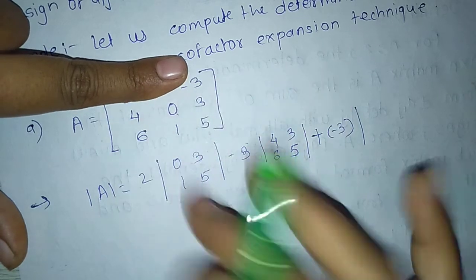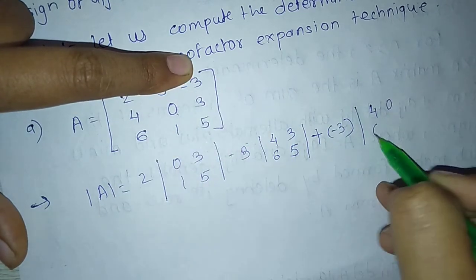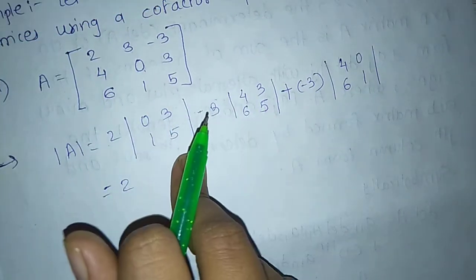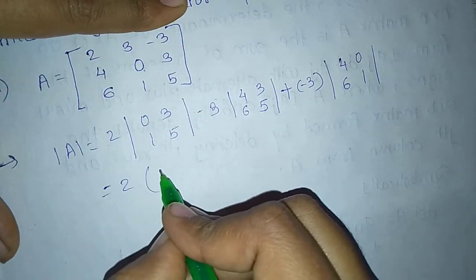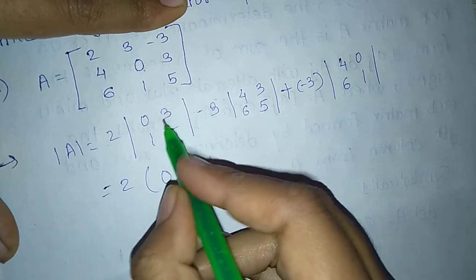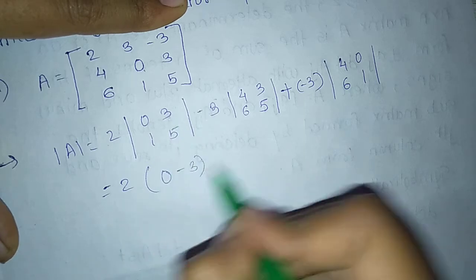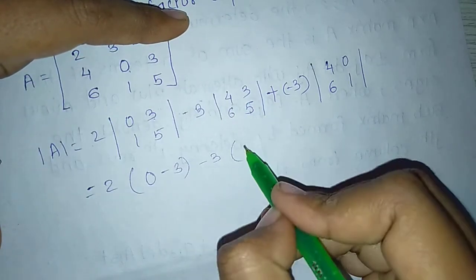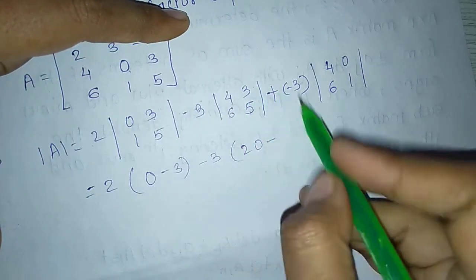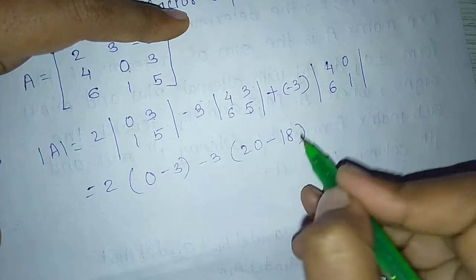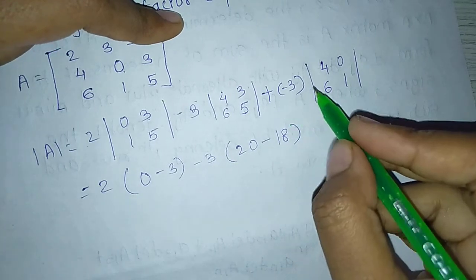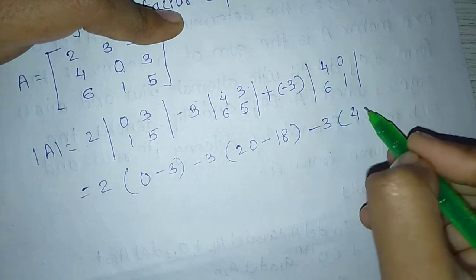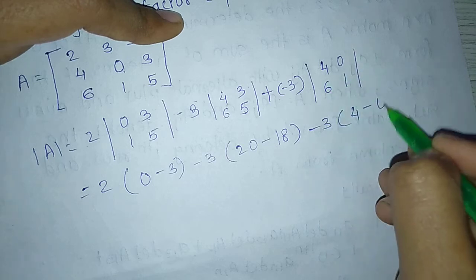Equal to 2 into determinant of this matrix is 0 into 5 minus 0, minus 3 into 1 into 3, minus 3 into determinant of this matrix is 4 into 5, 20, minus 6 into 3, 18, plus minus 3 means minus 3 into determinant of this matrix 4 minus 0 into 6, 0.